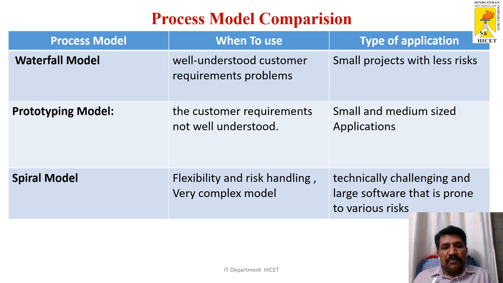The spiral model is very flexible and good at risk handling, and it is a very complex model. This model can be used for technically challenging and large complex software.